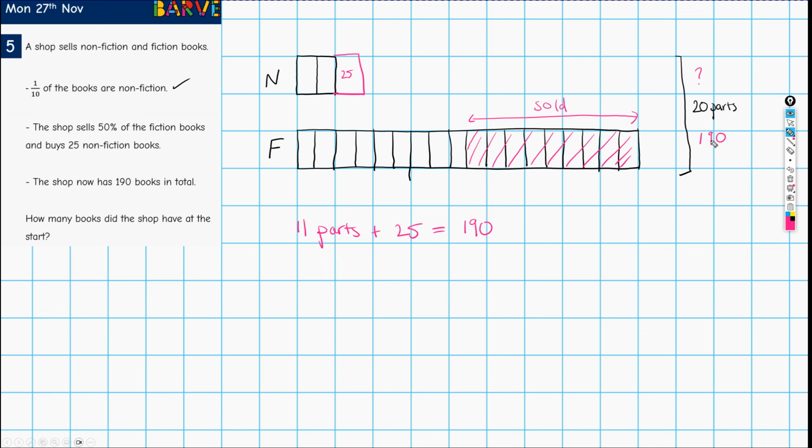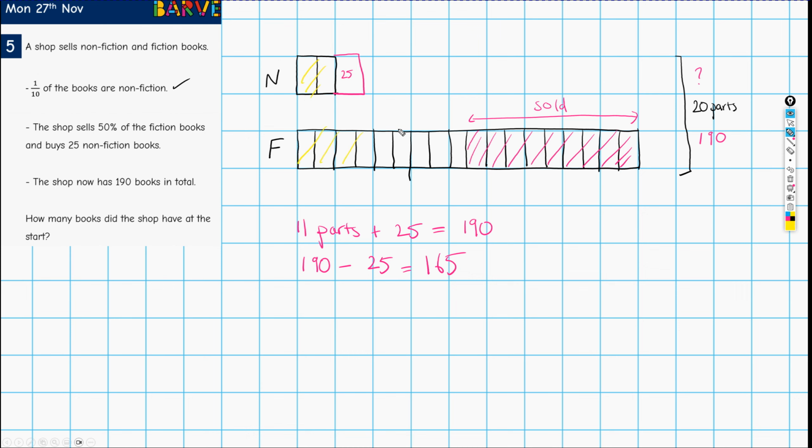So what we need to do is take the 25. If we took the 25 away from the 190, we would get the value of those parts. So 190 minus 25 gives us 165.